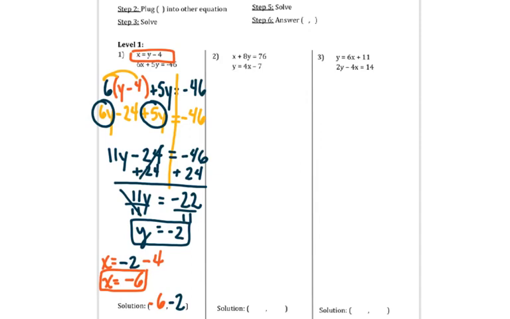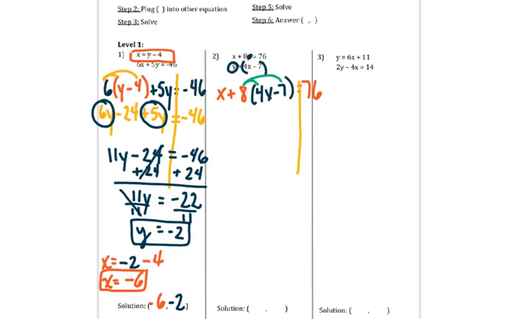I'll set you up on number 2. Here's my letter that's by itself. Parentheses. Instead of this y, I'm going to replace it with the expression that I know that y is. So I rewrote that top equation, but instead of the y, I plugged in the expression that I knew that y is.